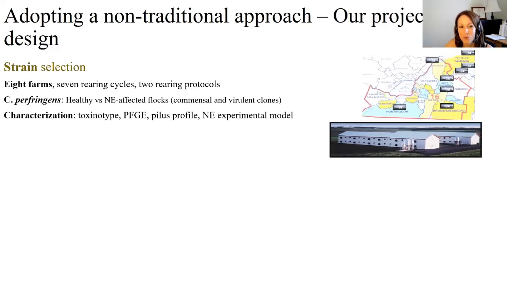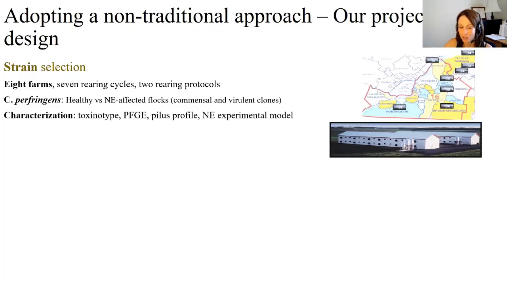So this is what we decided to do, adopting a non-traditional approach in the project we conducted. We first did a strain selection. We selected C. perfringens strains from our unique collection, recovered from different broiler chicken farms that participated in a field study a few years ago. These strains were recovered from either healthy or affected flocks, and they were characterized using toxinotyping and PFGE.